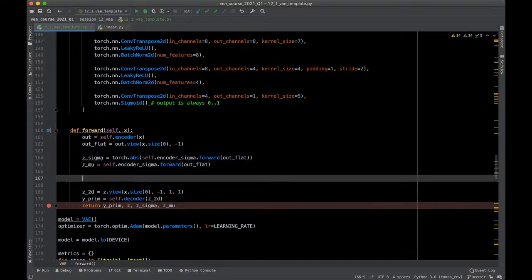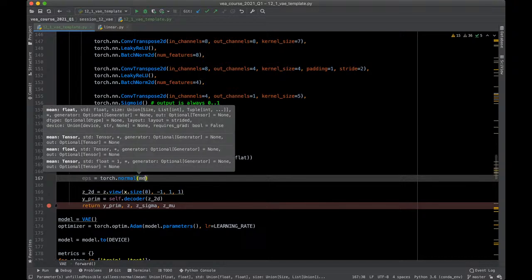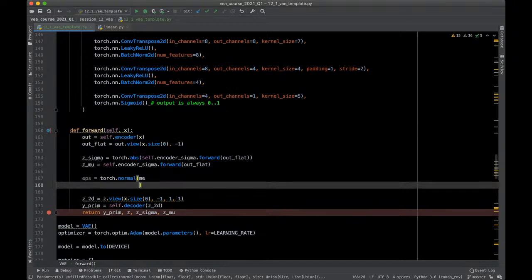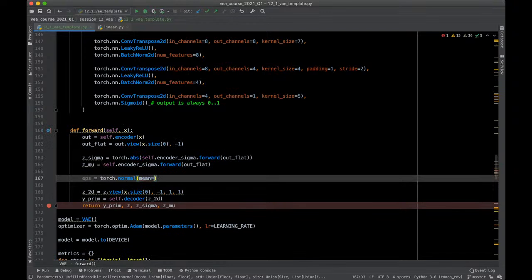We'll see. So then the epsilon here is, as in the equation, the normal distribution over mean of 0. I should add also here some comments.